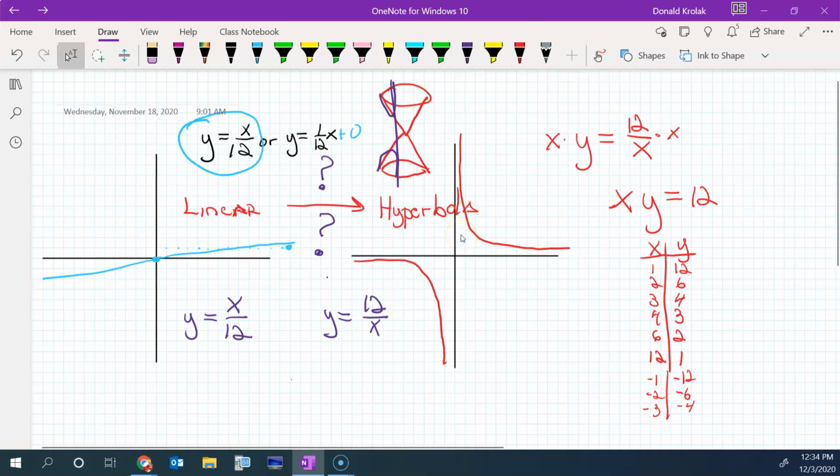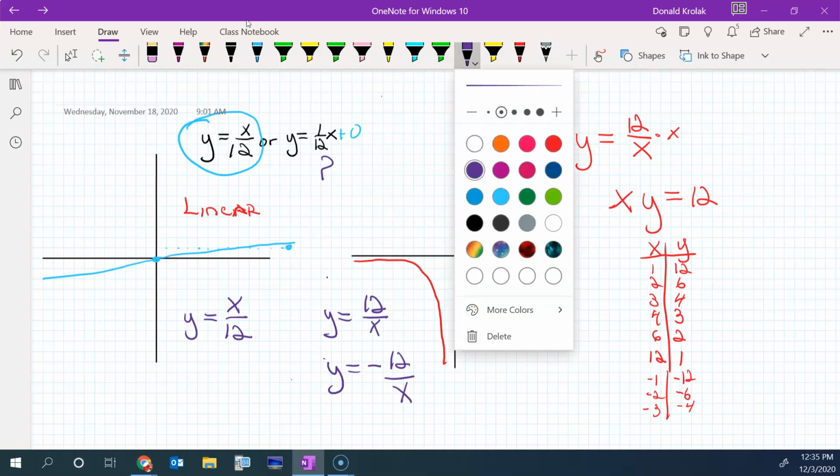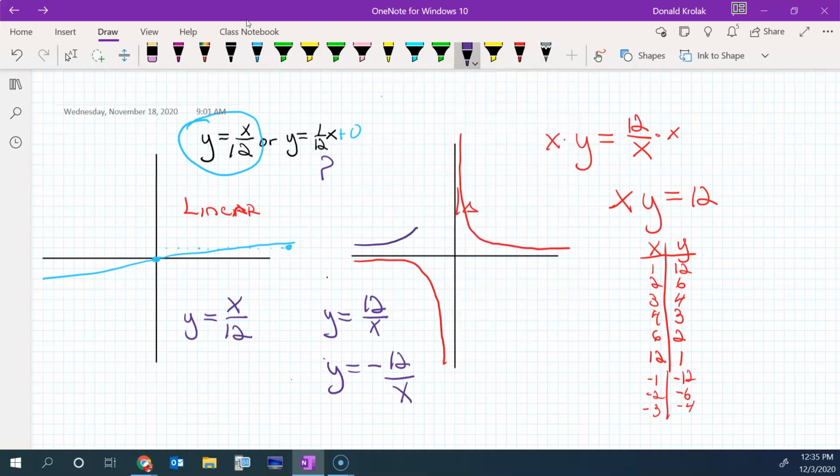And we found out that if I took y equals and I made it a negative, then all it did was take that graph and flip it over the x-axis. So it ended up looking something like this purple graph here. That was y equals -12/x.